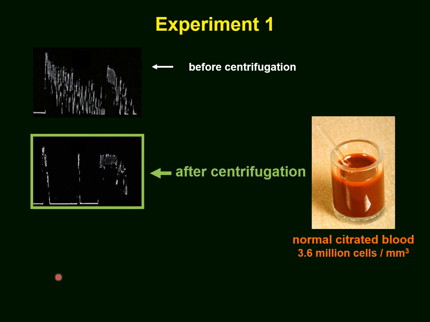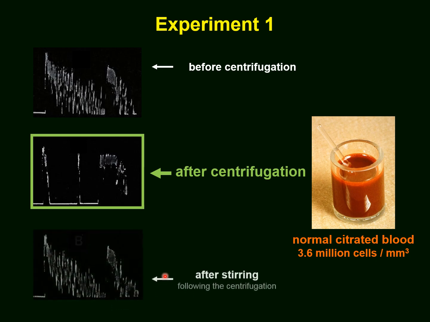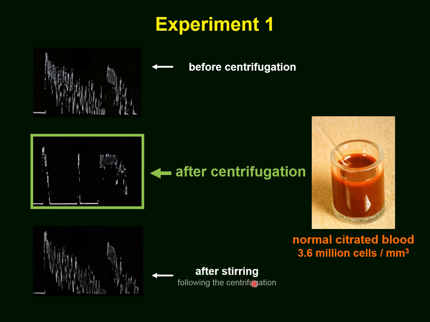Then we centrifuged and examined again, and you see no signals from the plasma, no signals from the cells. And then after the stirring, we waited for 5 minutes and the echogram was building up again as a sign that we had not destroyed the sources of the echoes by the centrifugation.